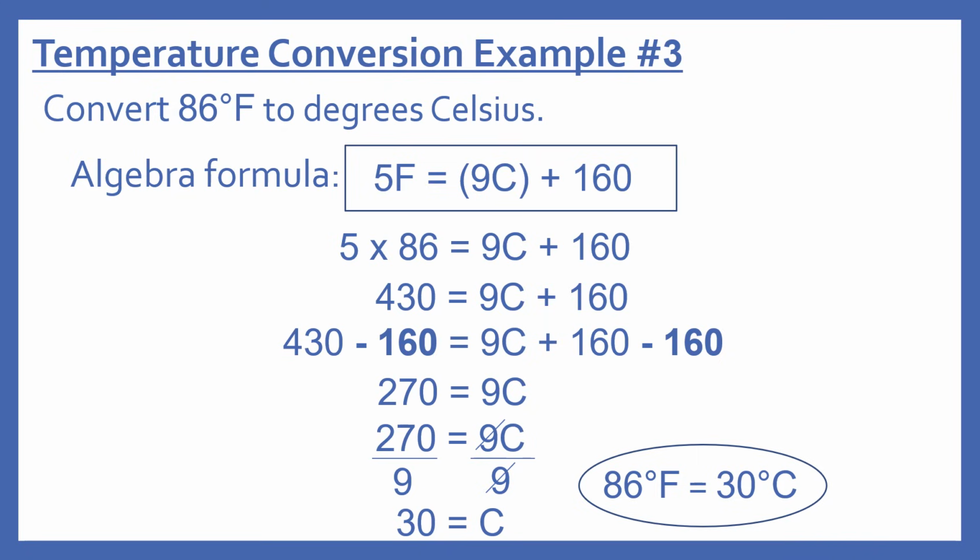Now that the 160 is off, we have to get the 9 off Celsius, and in order to do that, we're going to divide by 9 on both sides. So 9C divided by 9 will be 1C, so we can just write C, and then 270 divided by 9 is 30. So our degrees Celsius is 30. So 86 degrees Fahrenheit equals 30 degrees Celsius.